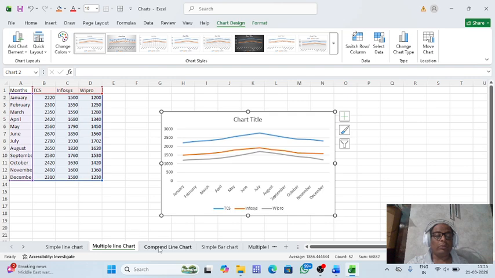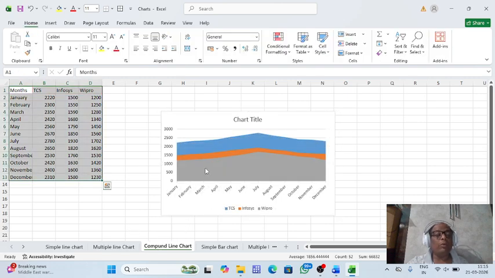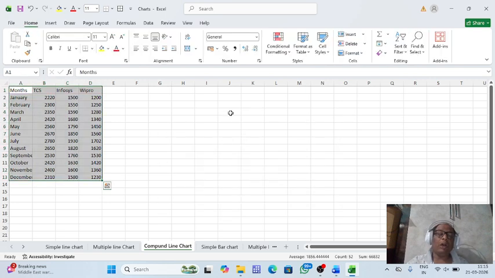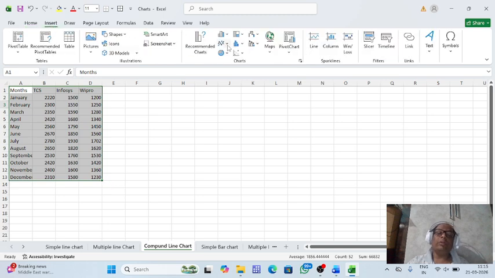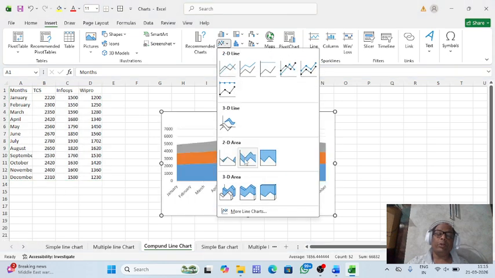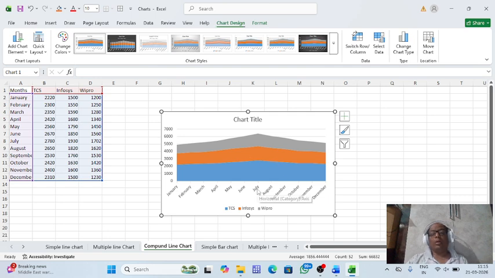Then the next one is the compound line chart. How is it to be done? Again, select it, then Insert, then line chart, but you have to pick this one or this one. This one seems to be far better. So in this case, the blue one is TCS.